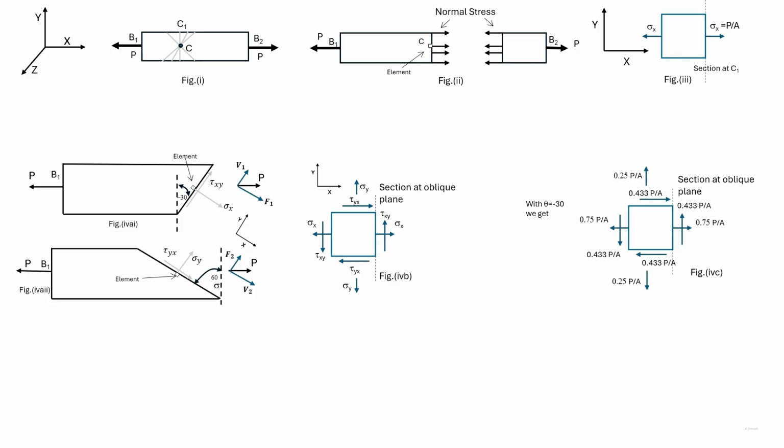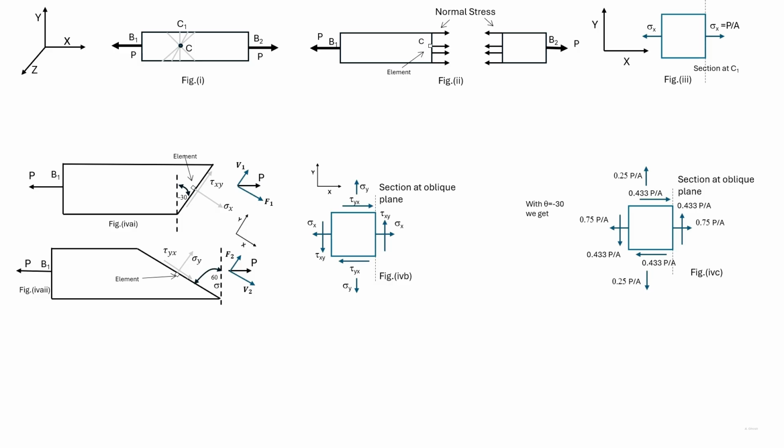On the other hand, we took simple cases of loading and took sections and found out the stresses on those sections. So in an axially loaded bar, we considered a section perpendicular to the axis and found out the normal stresses. We also found out the shear stresses on a section in a bolt.